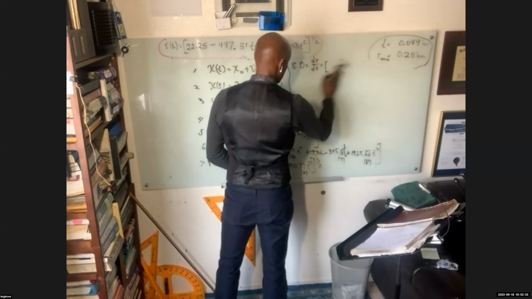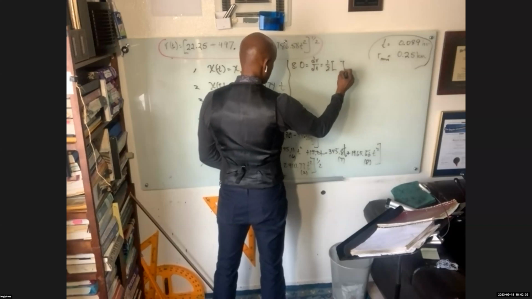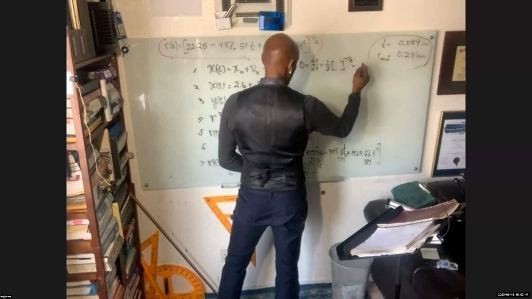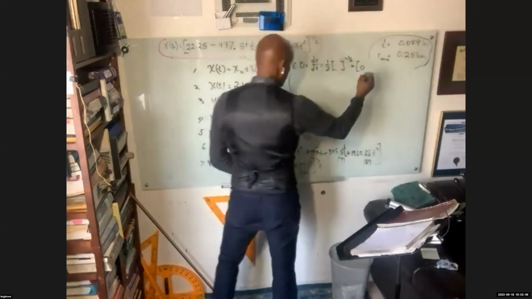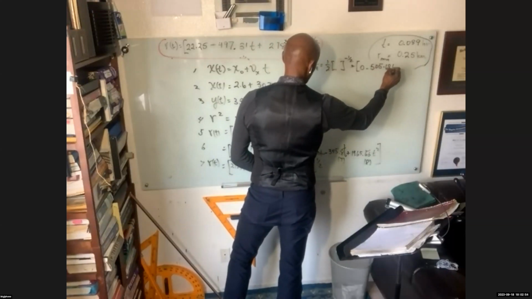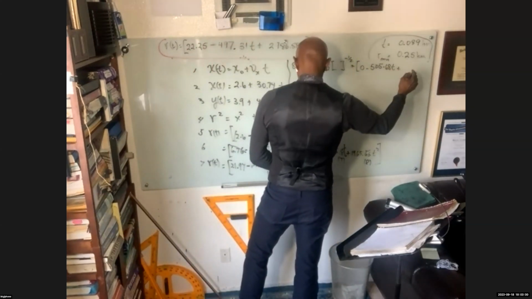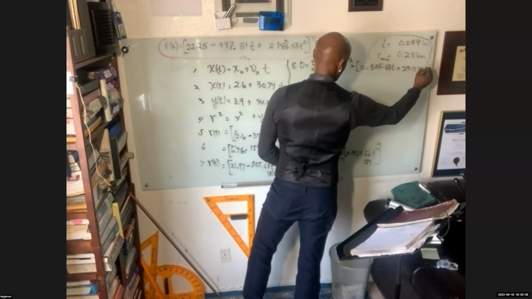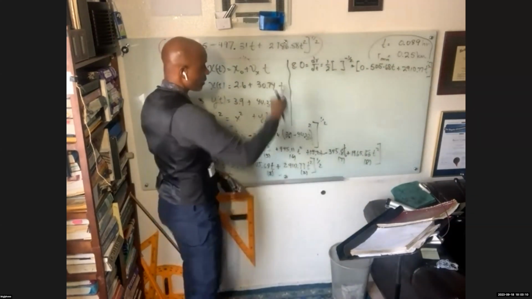Taking out the 1/2, I have 1/2 of that, and then all of this to the negative 1/2, and then the derivative of the inside, and that's going to be 0 for the first term, minus 505.68 t for the second term, and then plus 2910.77 t squared for the third term, and all of that equals 0.